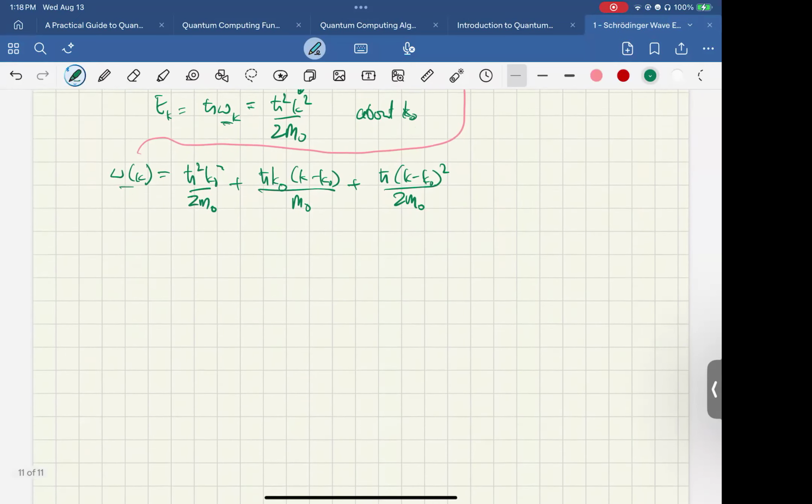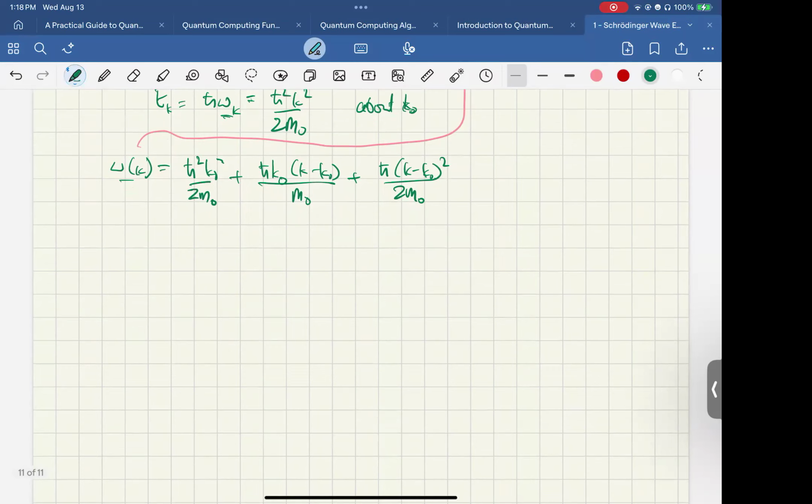And if you want to know what happens in real space, do a Fourier transform on psi of k.